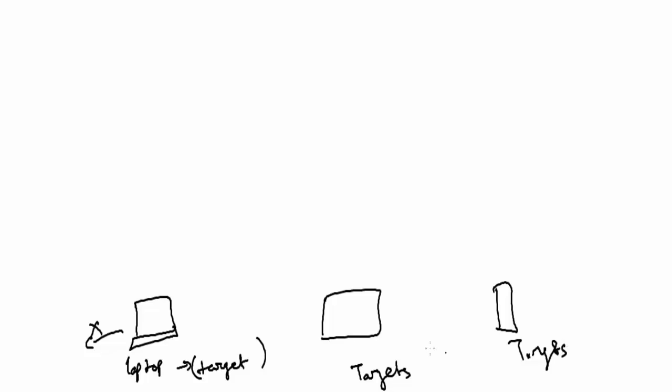So the laptop is your target. Your tablets and your mobile phones all are targets. These devices cannot assign the IP address to other devices because they are not the source of internet. They are the users or the targets of the internet.